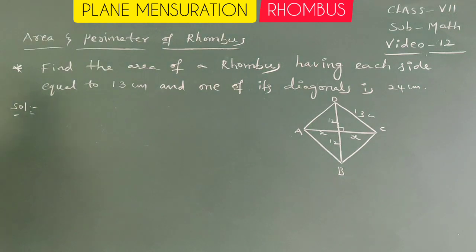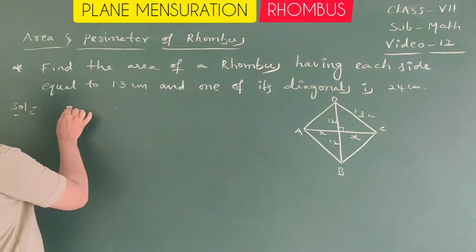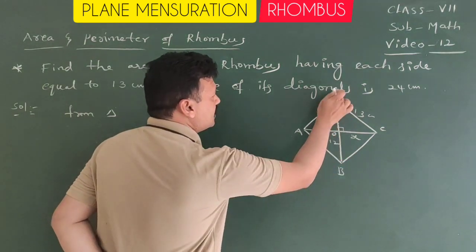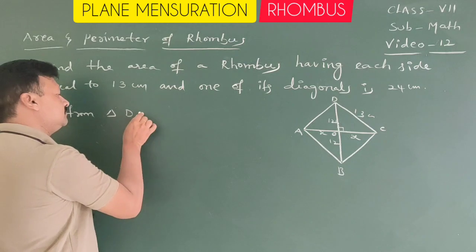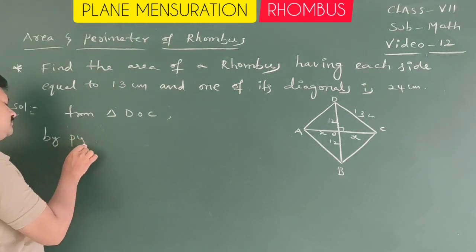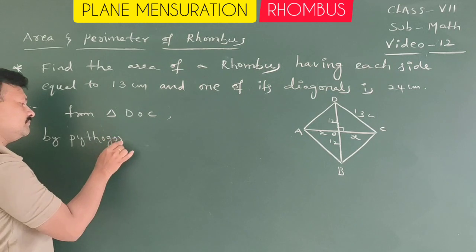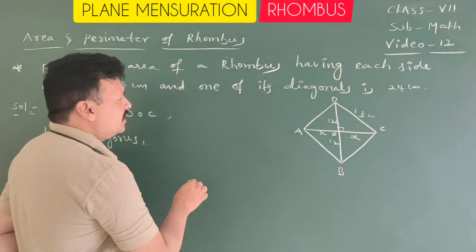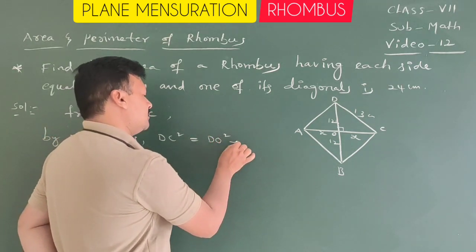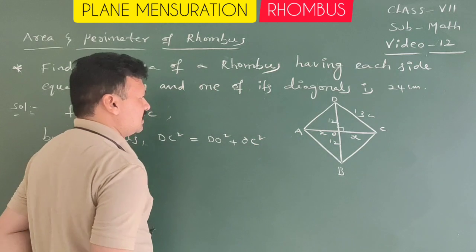Now we need to find AC and simply the area. From triangle DOC, one of the angles is 90 degrees, that's why by Pythagoras, DC square equal to DO square plus OC square.